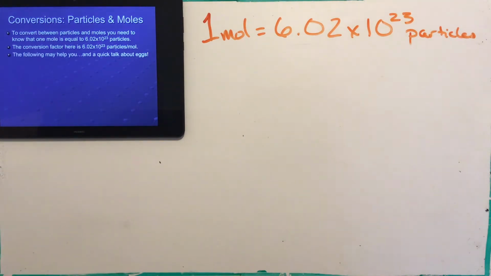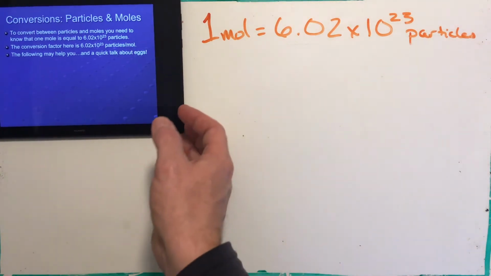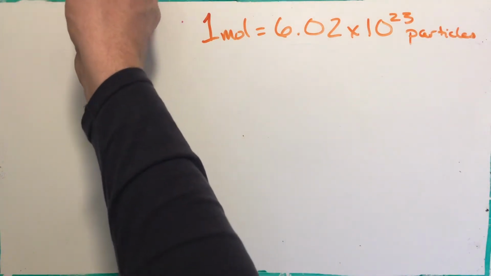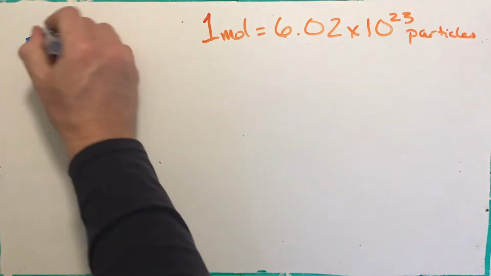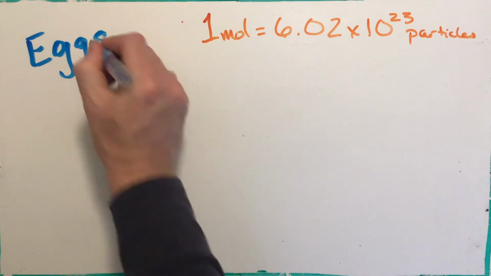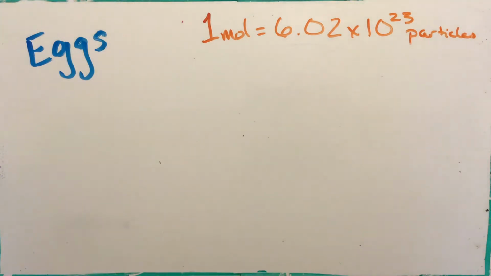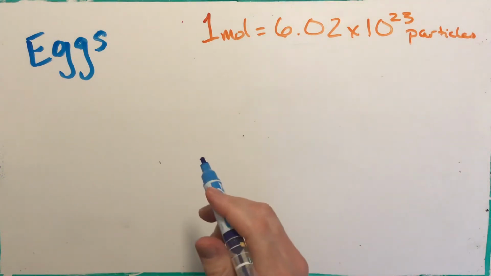The following is going to help you, but first we're going to talk about eggs. So I'm going to move our iPad for a second here, and let's talk about eggs. Who doesn't want to talk about eggs? Anyway, eggs.